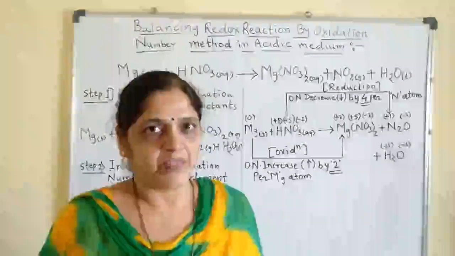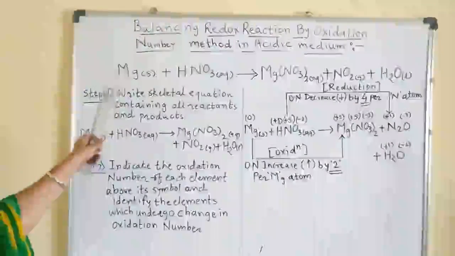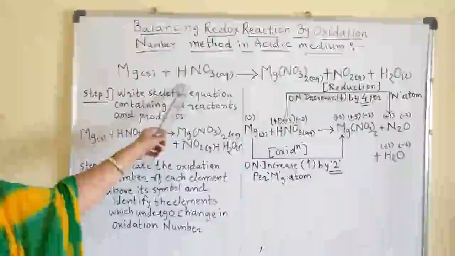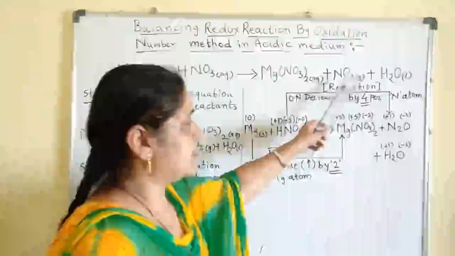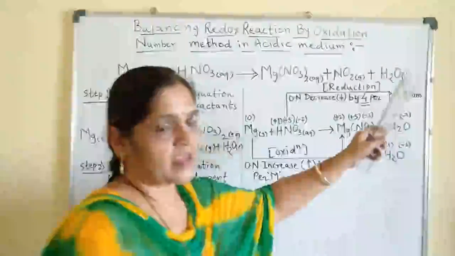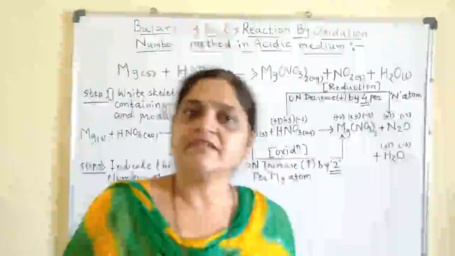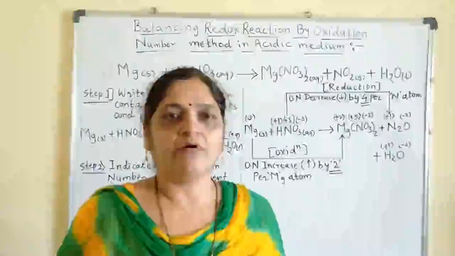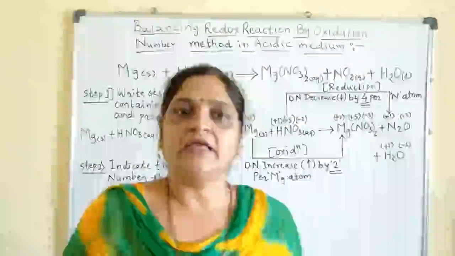Here I have taken the first equation, that is magnesium reacting with nitric acid to give magnesium nitrate, nitrogen dioxide and water. In some redox balancing questions, the equation is already given to you and you simply have to balance the number of atoms and the charges.